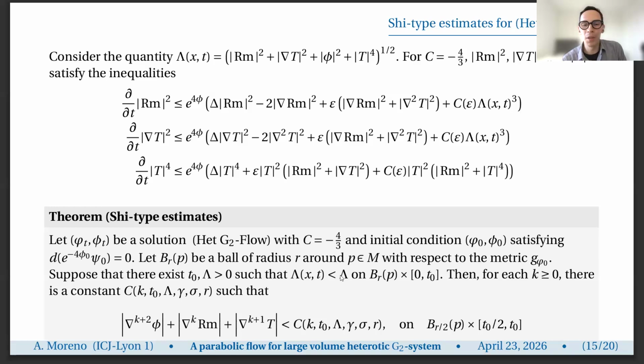So if you have some bound on this quantity lambda, which is basically some bounds in the curvature, bounds in the torsion and the first derivative of the torsion and in the dilaton, if you have these bounds for any time of your solution, you can find some other constant depending on the limit time of the solution and all the constants involved in our flow in order to get bounds for higher order derivatives also for the dilaton, the curvature, and the torsion.